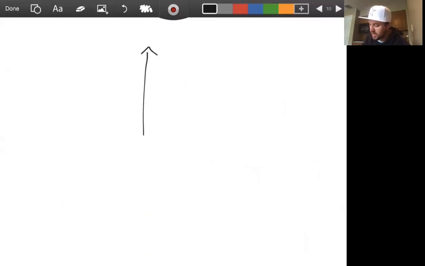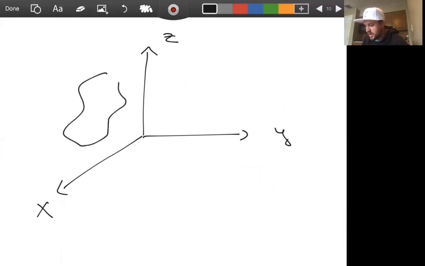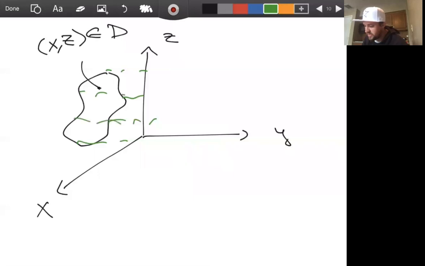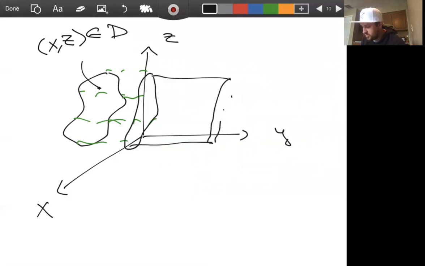We could also do something like, let's consider we have x, y, z. Let's say our generalized region now was in the xz plane. So here are points xz in some domain D. And then we look at a lift of this, but now to surfaces above the xz plane instead of above the xy plane, right?